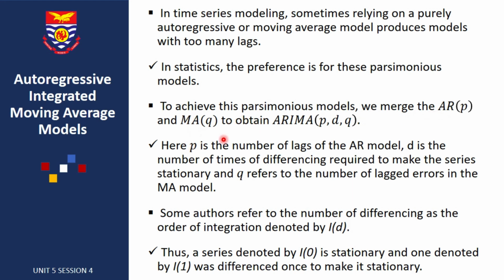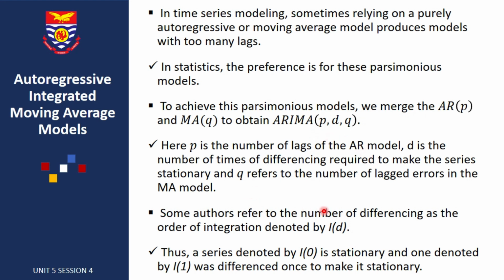Here, P is the number of lags of the autoregressive model, D is the number of times of differencing required to make the series stationary, which is the integrated portion of the model, and Q refers to the number of lagged errors in the MA model. So P is the lags of the autoregressive model, D covers the stationarity of the series, and Q is simply the lags of the moving average model.